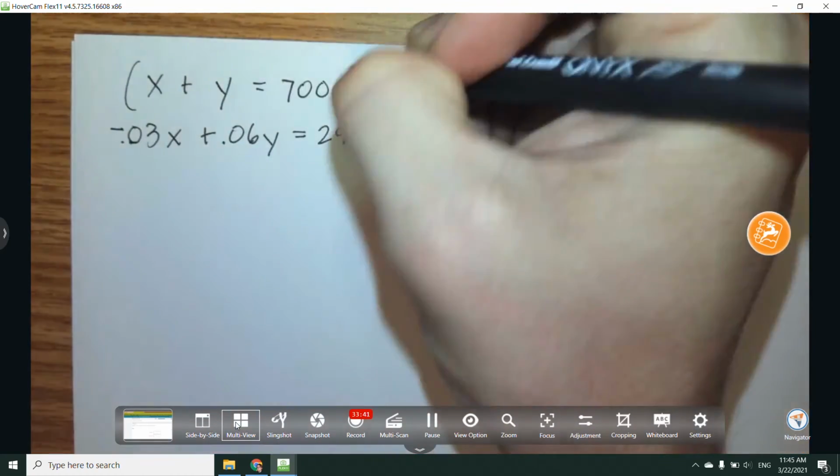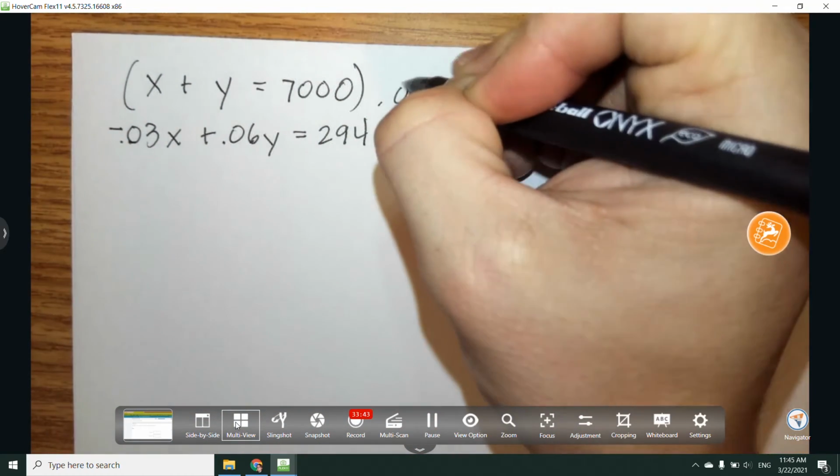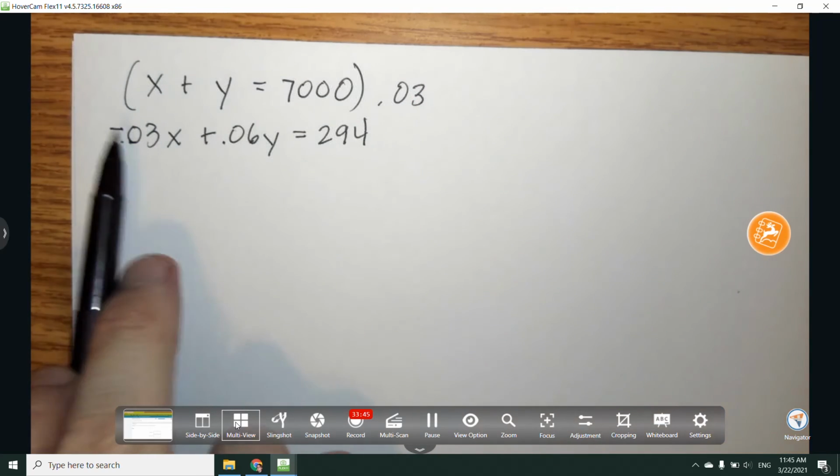So let's just multiply both sides by this 0.03. Remember, this one's negative.